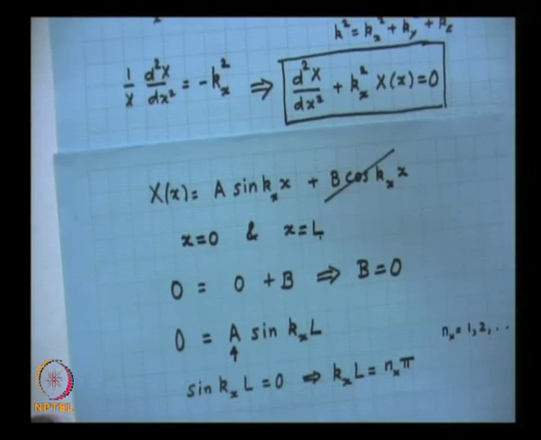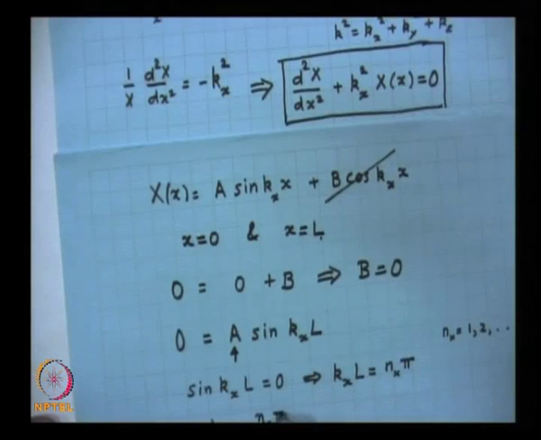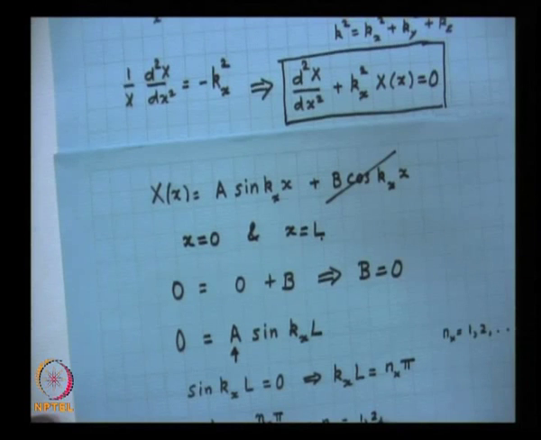That is again a trivial solution. So, you will have the allowed values of k x are n x pi by L, where n x is equal to 1, 2, 3, 4, and so on.